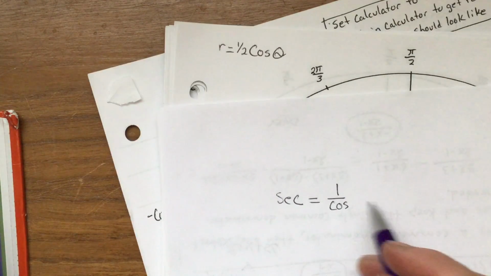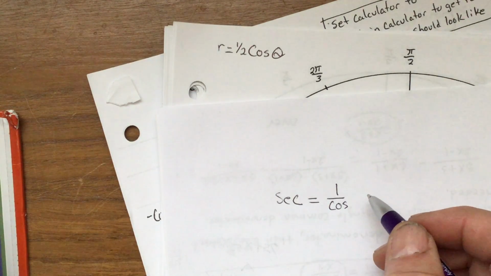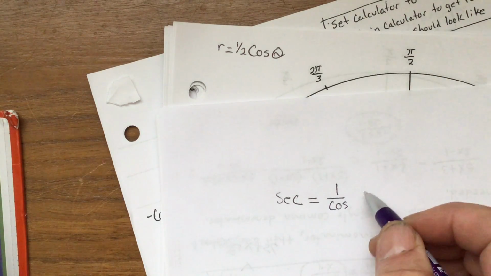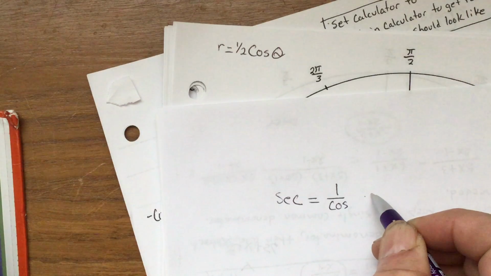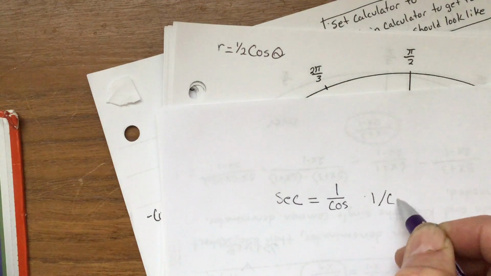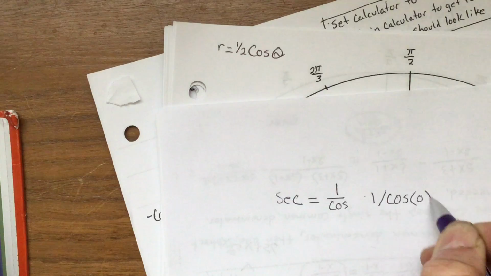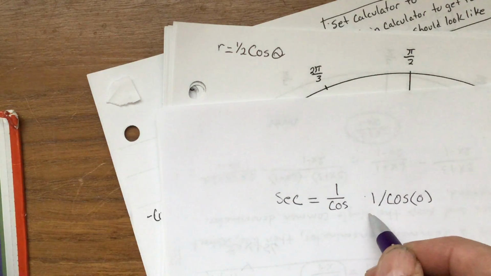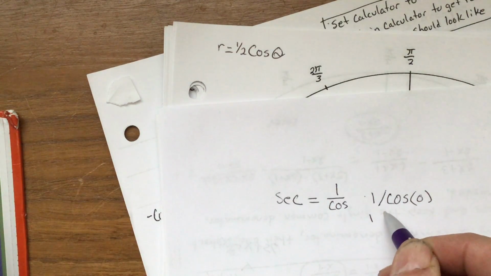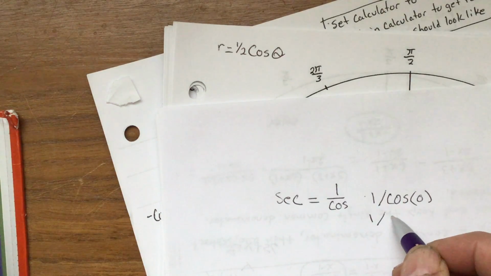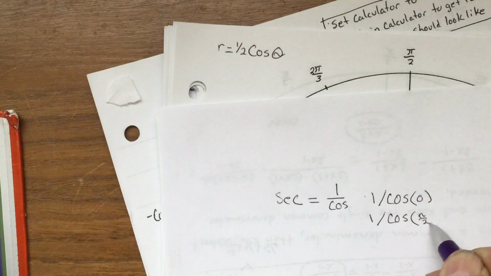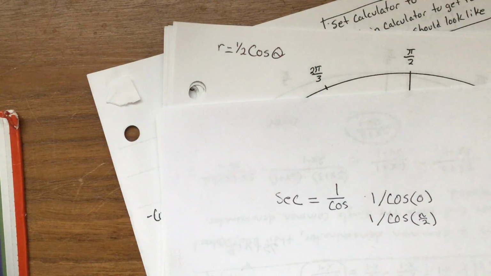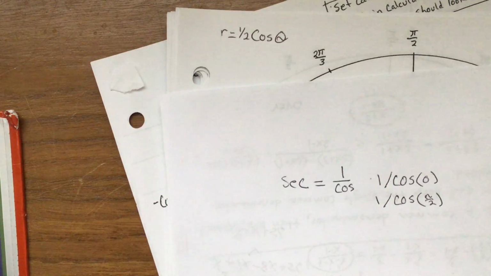So in the calculator, for secant, for 0, I had to do 1 divided by cosine of 0, enter. For pi over 2, I had to do 1 divided by cosine of pi divided by 2, enter. And that's how I got the values for the table.